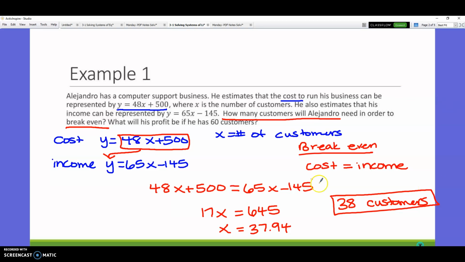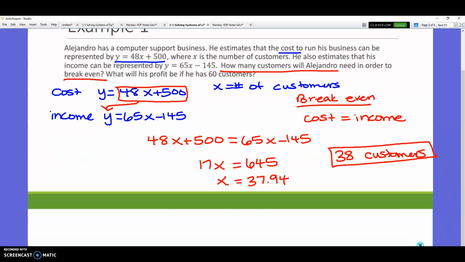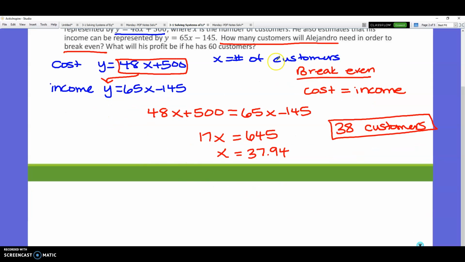Okay. The second question was also, what will his profit be if he has 60 customers? For profit, we need to figure out what the cost is at having 60 customers, and then what the income is at having 60 customers, and then figure out the difference between those.